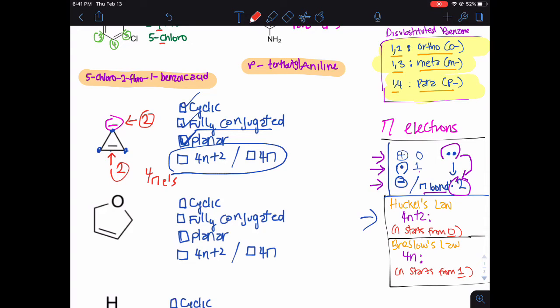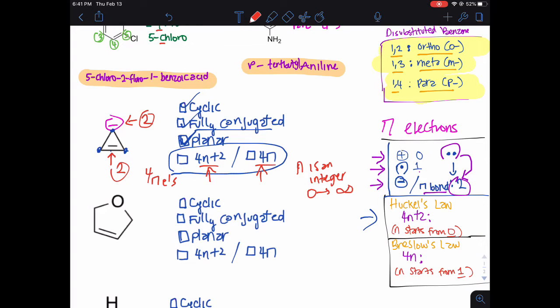Okay, so we need to determine if that will be 4n plus 2 or 4n. So n, in this case, when we're talking about 4n plus 2 or 4n, n is an integer. An integer can be anything from 0 to infinity.